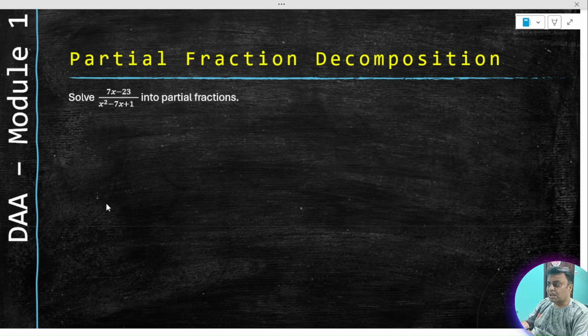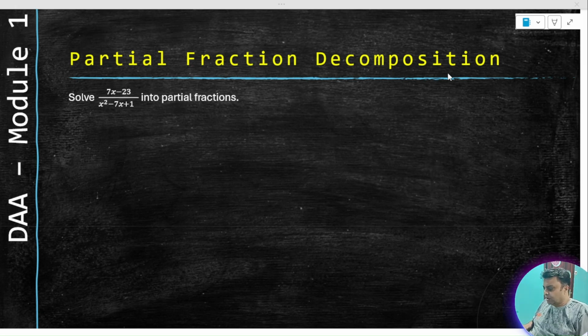So I would need you to understand, in case you don't already know, how to convert this particular fractional equation into partial fractions, and then how to solve it. Let us see quickly how to solve this, and then you can understand when we start applying it to generating functions how it is being used, right? So we'll come to that as we cross the bridge.